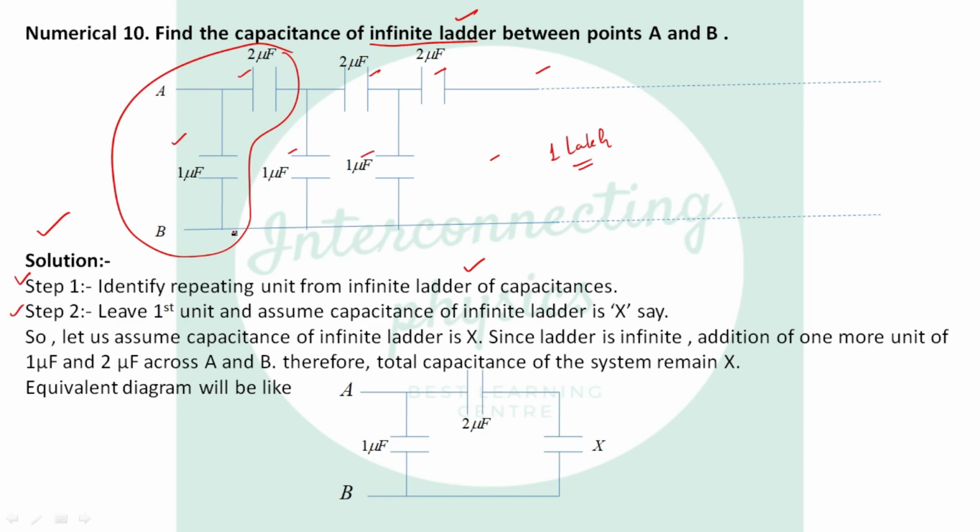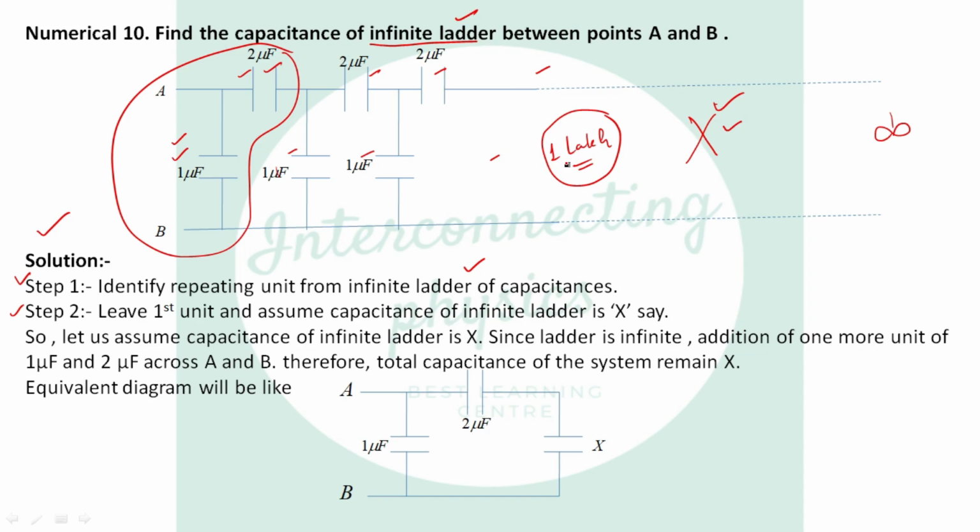Now, step number 2: leave the first unit, and assume the capacitance of the infinite circuit. Let us assume the equivalent capacitance of this infinite ladder, this infinite network, is X. Suppose we have 1 lakh capacitors in this infinite ladder, and the equivalent capacitance is X. Now, if we add 2 microfarad or 1 microfarad to 1 lakh capacitors, will it make any effect?